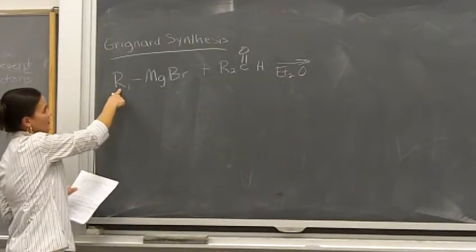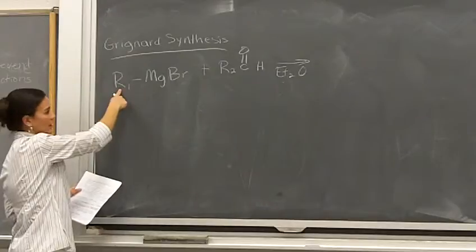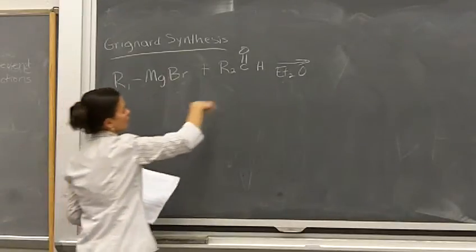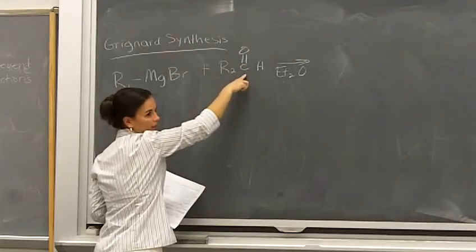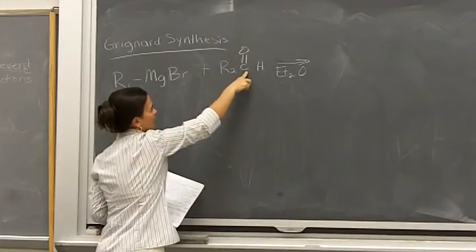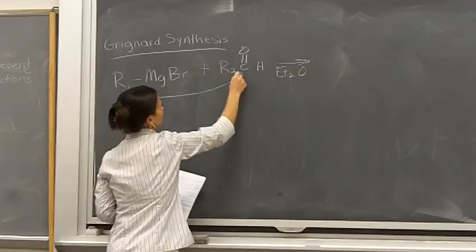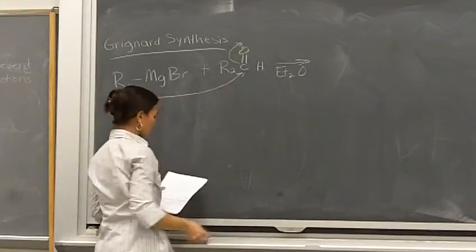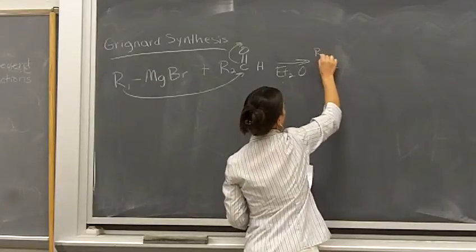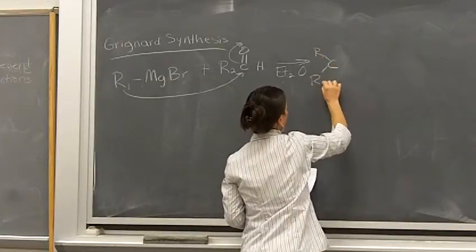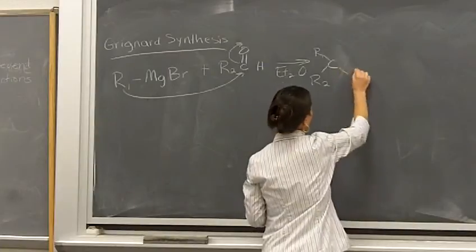So remember, this carbon now has some nucleophilic character, so it can actually react with the carbon of the carbonyl that has some electrophilic character, okay? And so what we form is this tetrahedral intermediate, which are always important in organic chemistry.